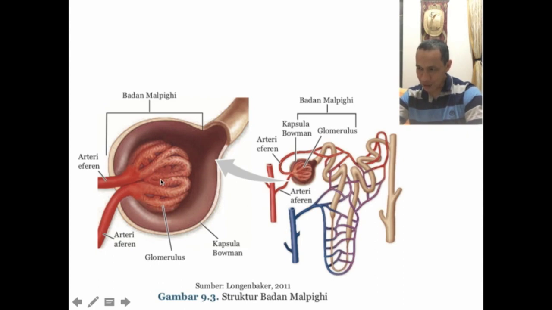One blood vessel goes into the bowl. The name of this blood vessel is the afferent arteriole. The arteriole branches into capillaries, so we get a net of capillaries here, and then the net of capillaries ends up at the efferent arteriole that heads out of the Bowman's capsule.